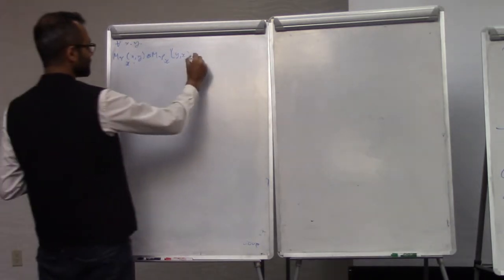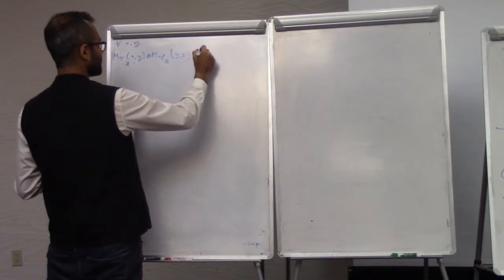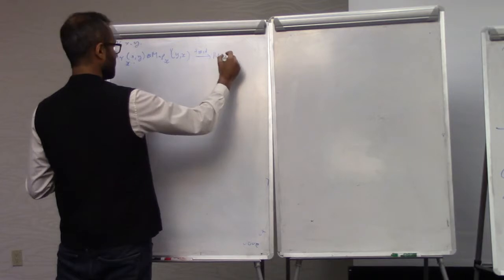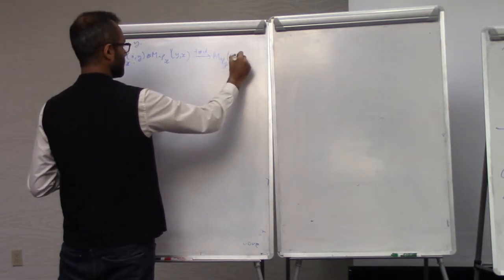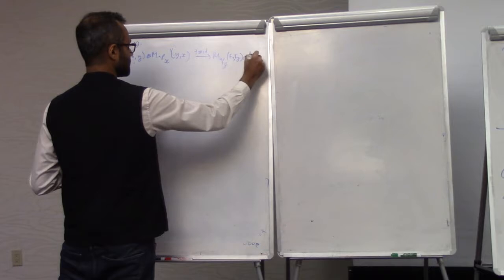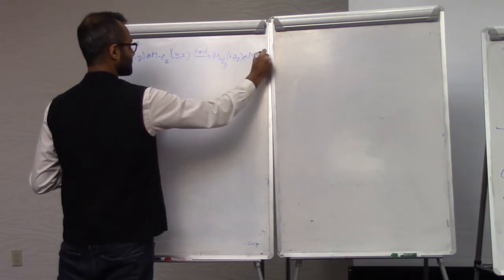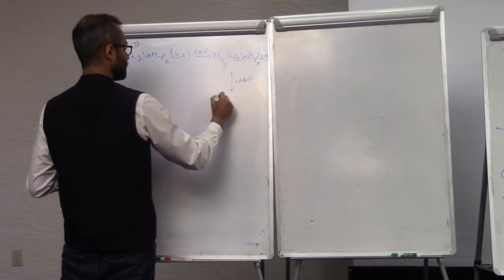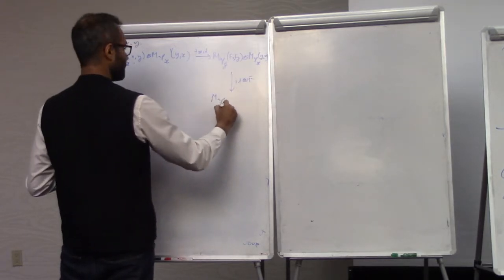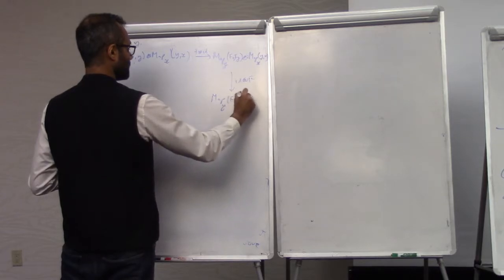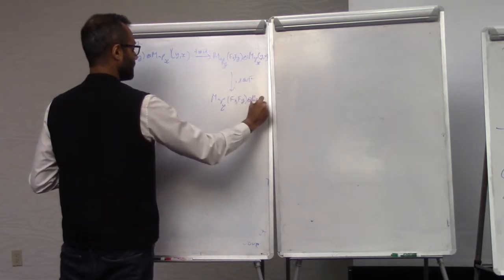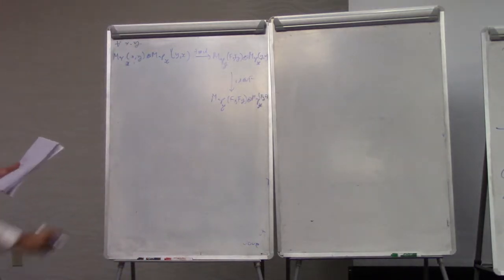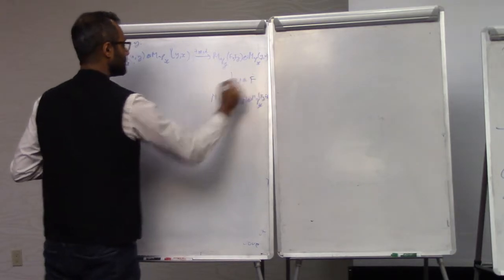I map this by f tensor identity to maps in Y from fx to fy, tensor maps in X from y to x. Then I do identity tensor f, getting maps in Y from fx to fy, tensor maps in Y from fy to fx. Sorry, the last bit is not legible. I hope it's clear from this bit.